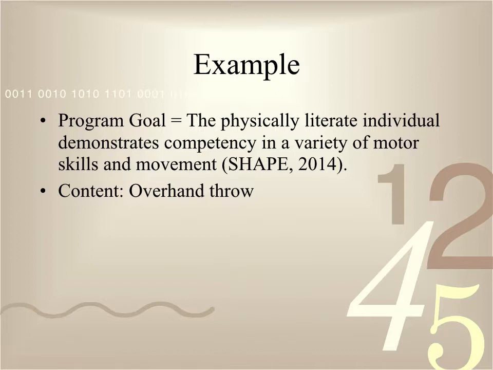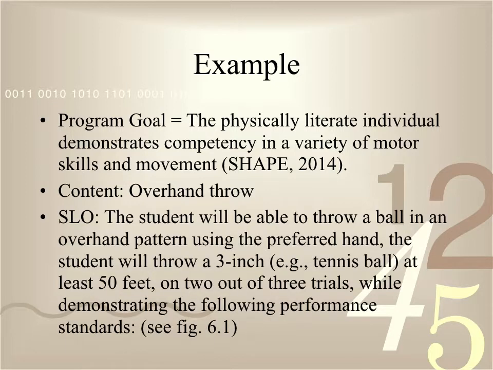It can be tennis, it can be baseball, or it can be specific, like this, overhand throw. Then we have our example of a student learning outcome or student learning objective. Again, I'm going to use those terms interchangeably. The student will be able to throw a ball in an overhead pattern using the preferred hand.